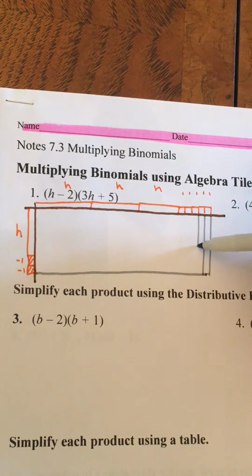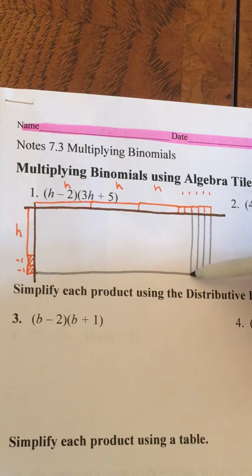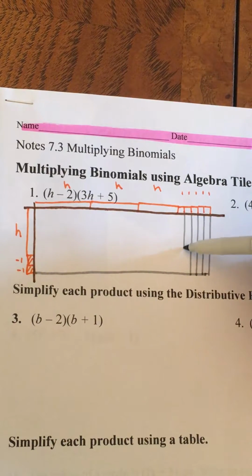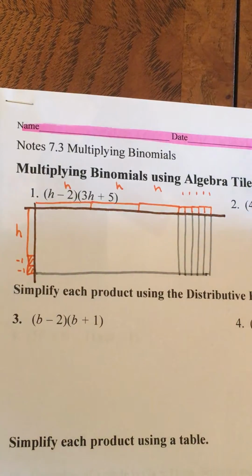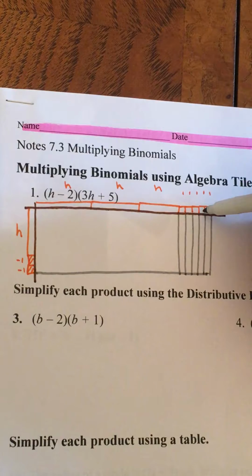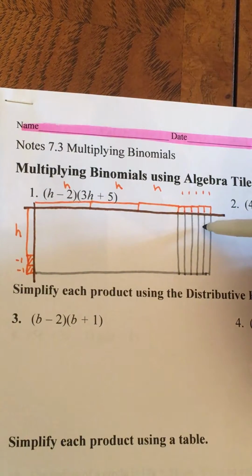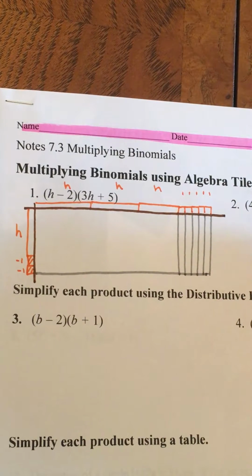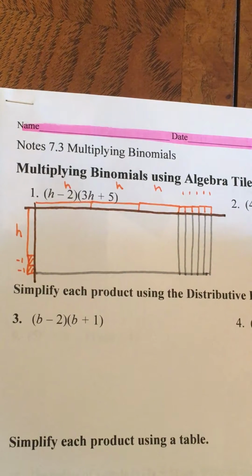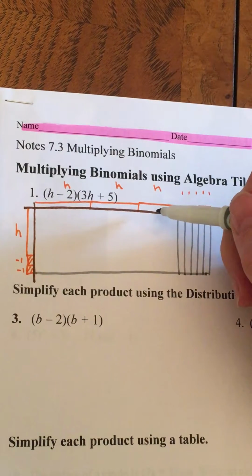And everywhere I see the beginning and end of either a baby box or a stick, I'm bringing a line straight down. You see that? We had 1, 2, 3, 4, 5 baby boxes. I now have 1, 2, 3, 4, 5 very long sticks. Interesting. So let's continue moving across the top of our frame.